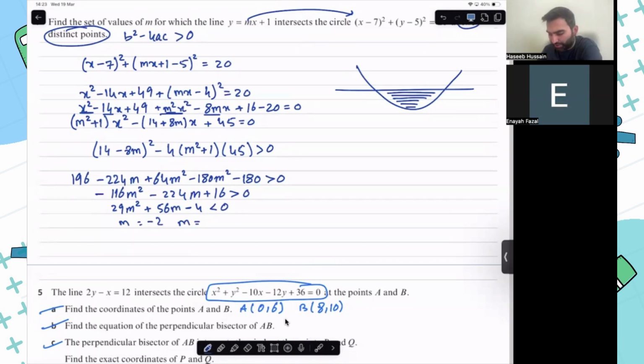Tell me in fractions. 2/29. So minus 2 and 2/29. Therefore, m is between minus 2 and 2/29. Get it?